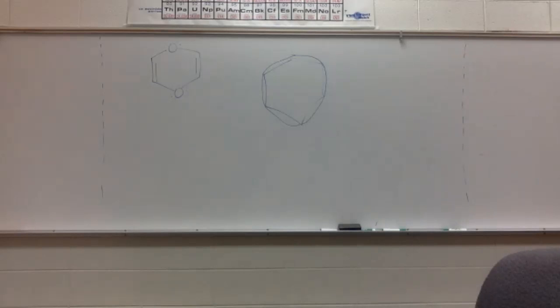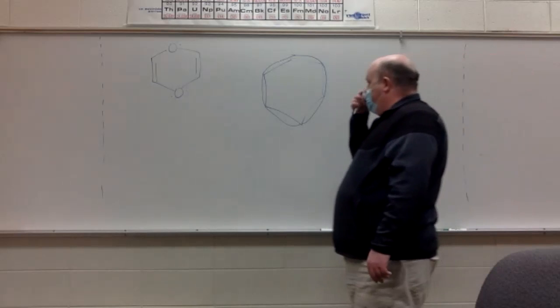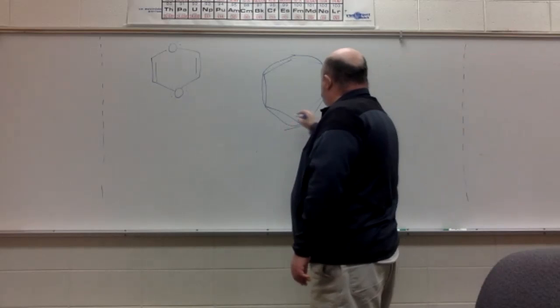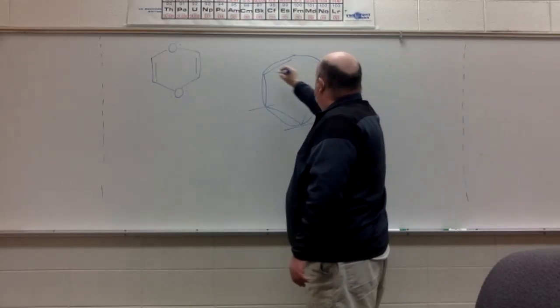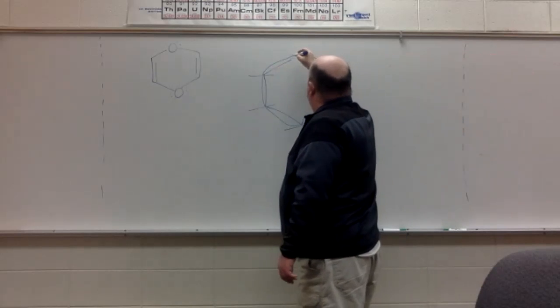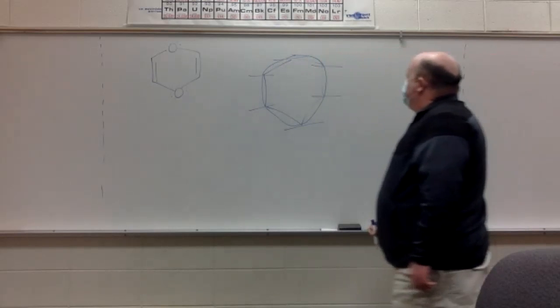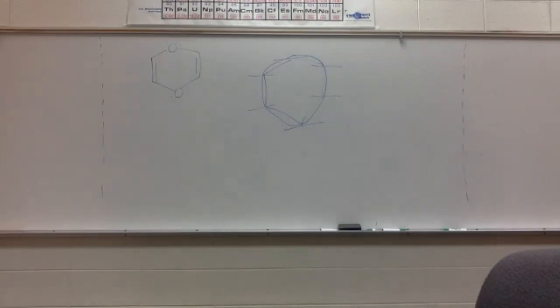I'm sure the people who came up with this would probably not be very happy with me saying that, but whatever, right? Draw your orbitals. And then you fill in your pi electrons.